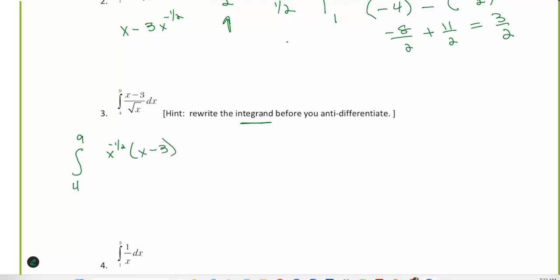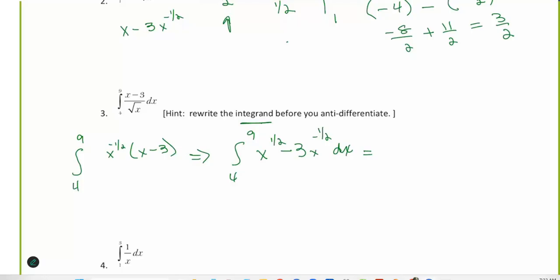So isn't that what I have? So I'm going to bring up that x to the 1/2. When I bring it up, it becomes x to the negative 1/2. So let's clean that up. This is 4 and this is 9. And that's going to be x to the 1/2 minus 3 times x to the negative 1/2 dx. Okay, that's easier to work with.